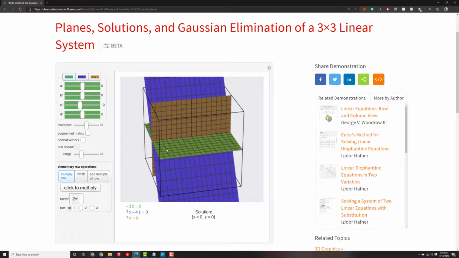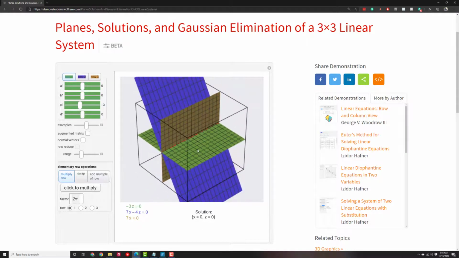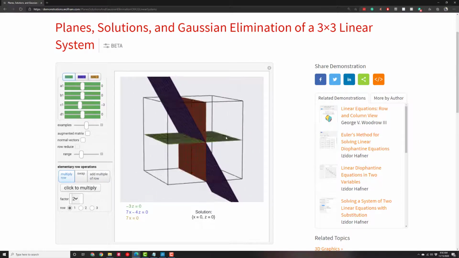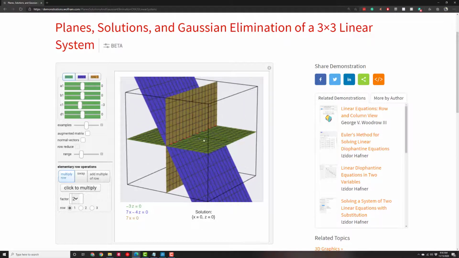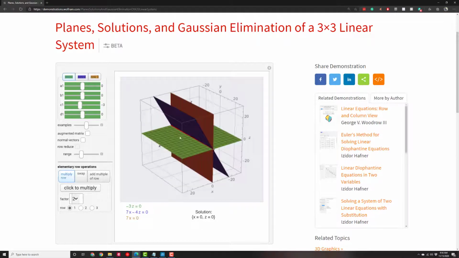And since there's at least one solution, this system still would be considered consistent because, again, wherever those three planes intersect simultaneously, that would be called a solution. It's very hard to see, honestly, but there's a red line there. It showcases all the places where these planes meet simultaneously. So this is still considered a consistent system.